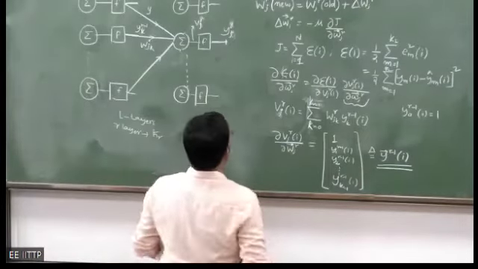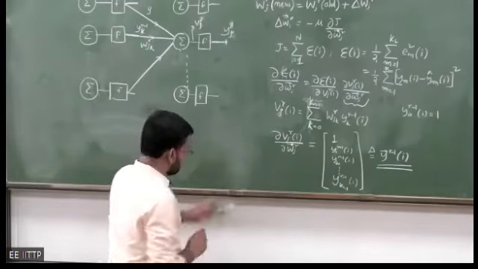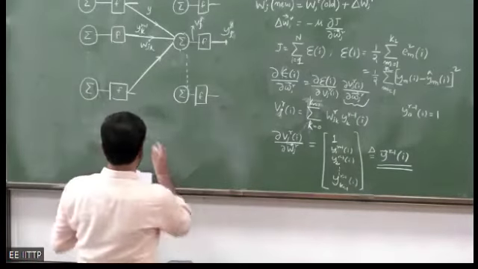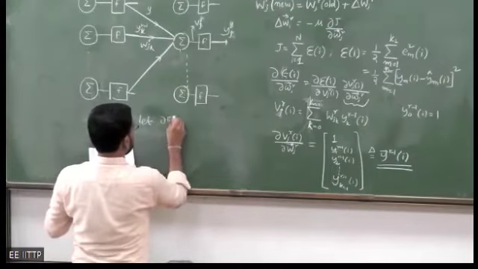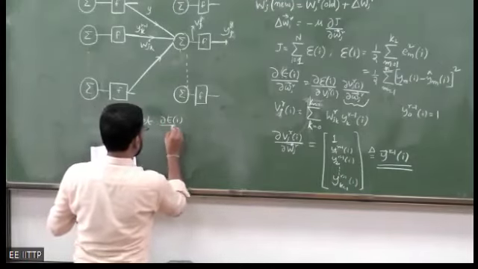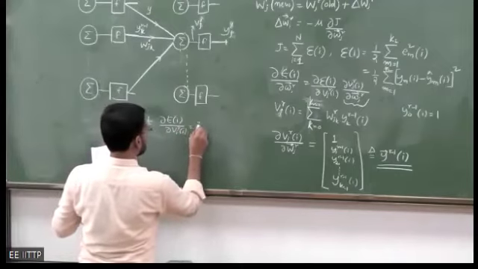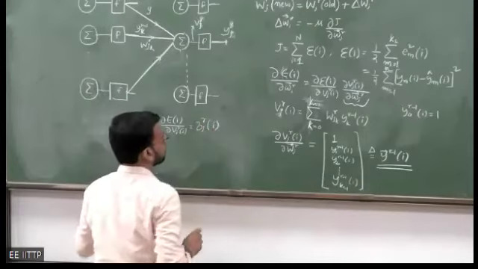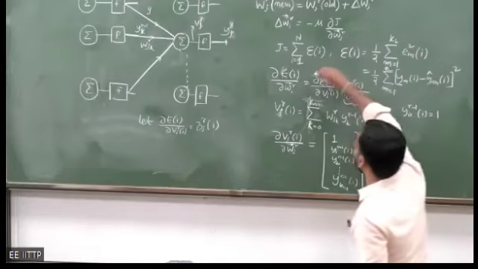Okay, so let me write at least this equation now. What is the equation that you got here now? Let me, for the time being, call dou E of I by dou Vj subscript r of I as delta jr of I. All I have written is this one, nothing else.